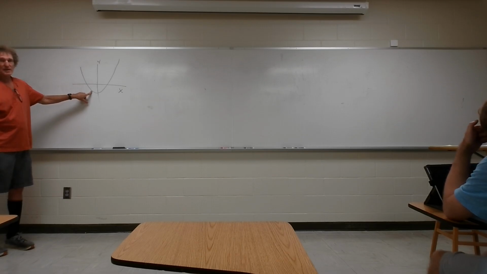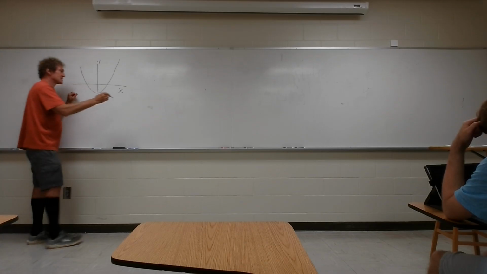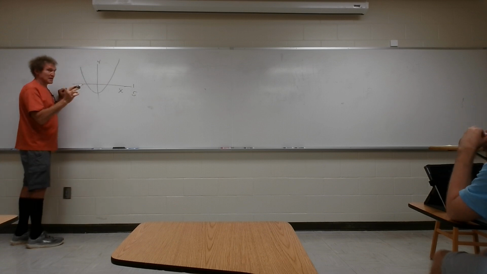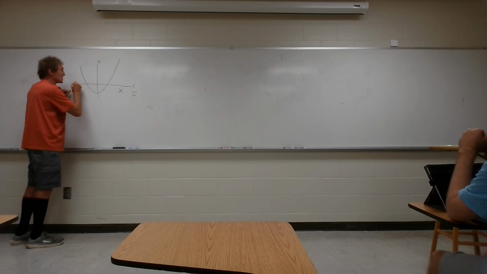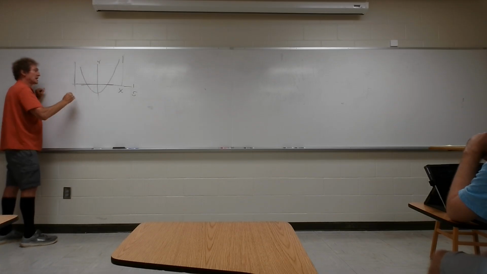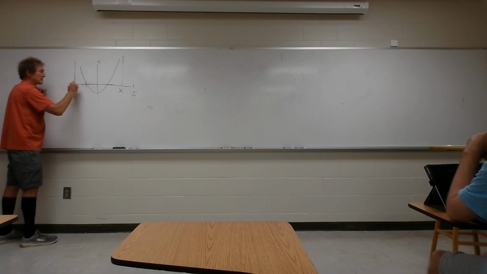If I want the probability that y is between, say, 0 and 5, and 5 is out here, you've got to think about this now. The probability y is between 0 and 5: 0 is here, 5 is up here. There's going to be a corresponding -5 here, and this is the intercept.